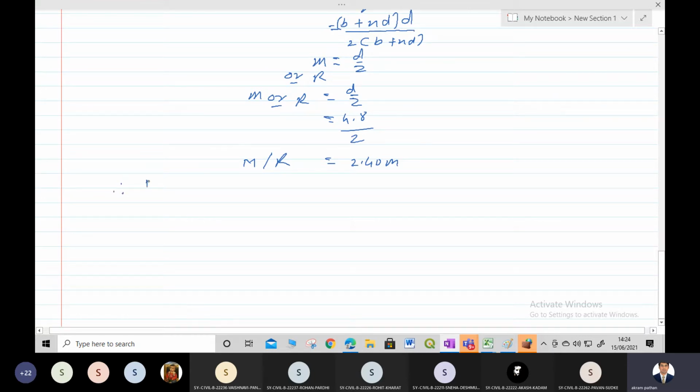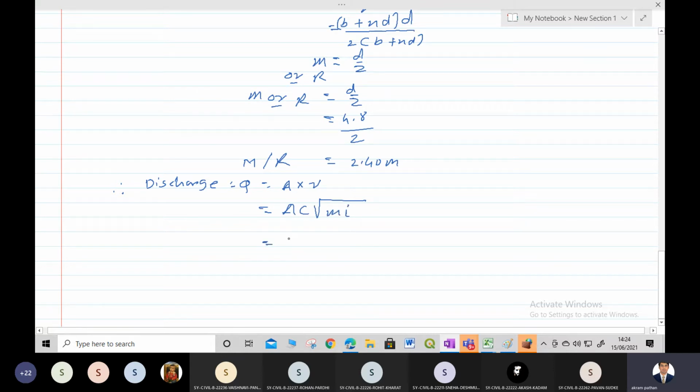Therefore, discharge through the channel, discharge Q is equal to, by Chezy's formula, area into velocity. Chezy's constant is given. So velocity by Chezy's formula is C under root mi.